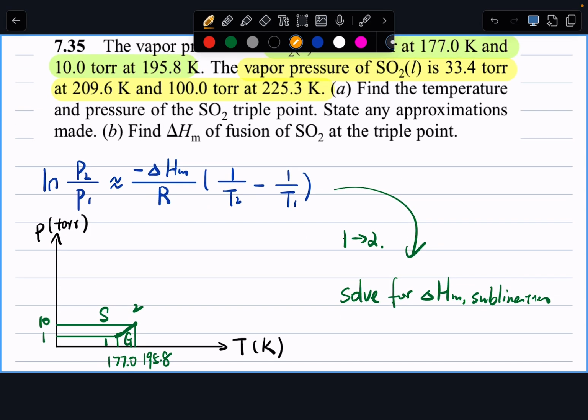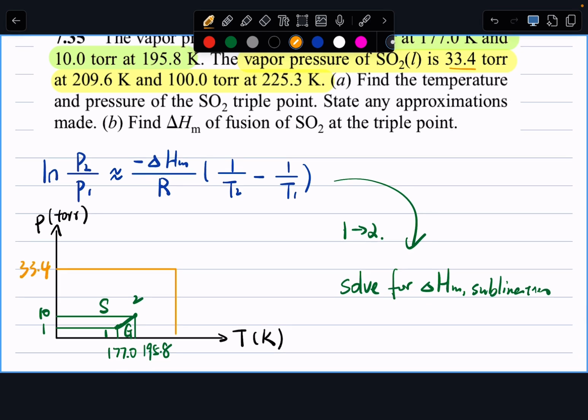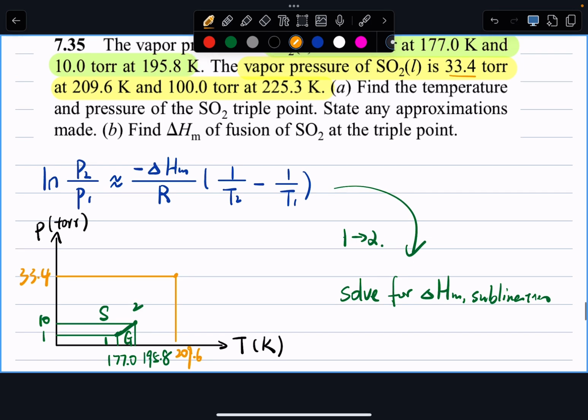So that means at some point of 33.4 and 209.6, the numbers are obviously on different scale axes, but it's okay. We're not computers, I can't plot it on the exact position.